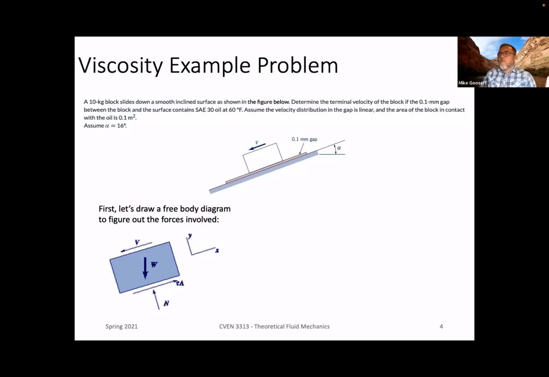And so what we've been told here is assume the velocity distribution in the gap is linear. So we're going to linearly change within that small thickness of oil from 0 to v, okay? And it's going to be just a proportional increase from 0 to v based on the height above the ramp base.